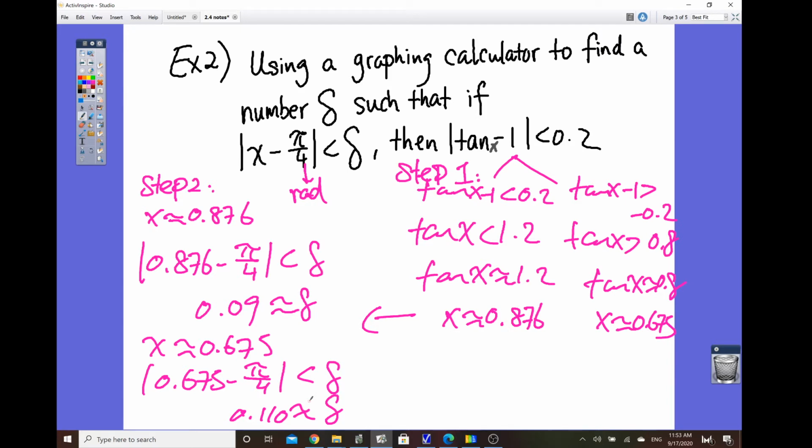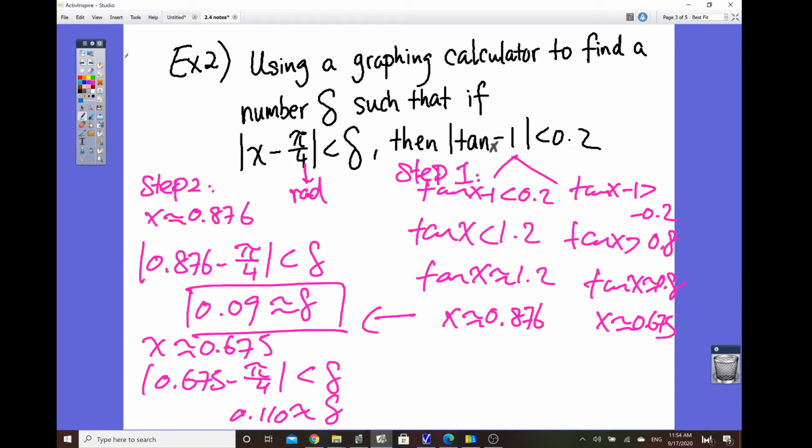Again, you always want to choose the smallest value for delta because that's getting very close to 0. So we're choosing this one here. You want to find 2 solutions for delta, but always choose the one with the smallest value. So delta is approximately 0.09.